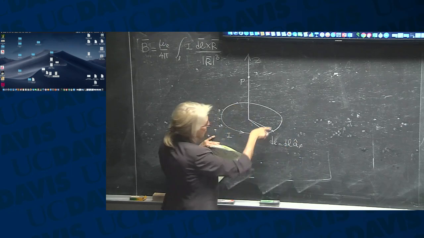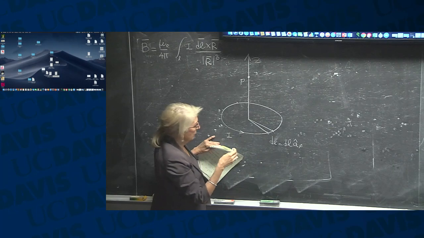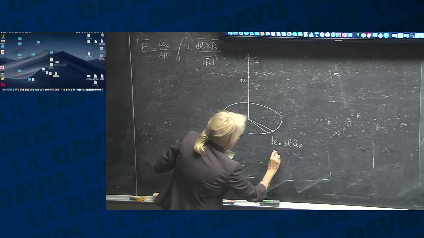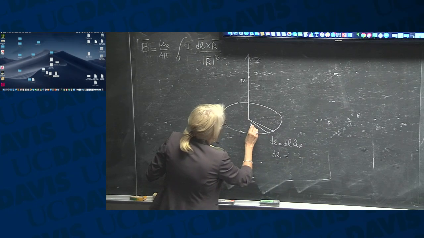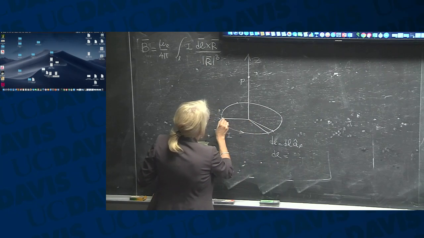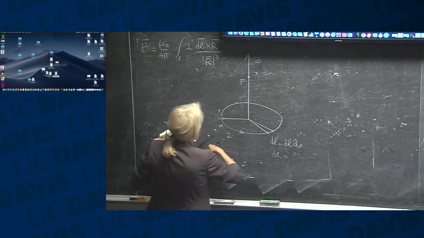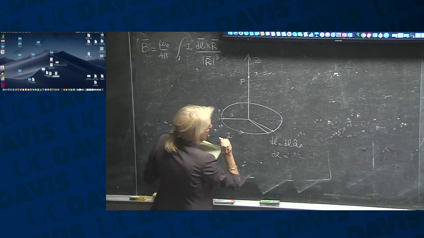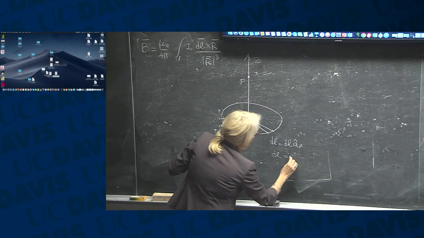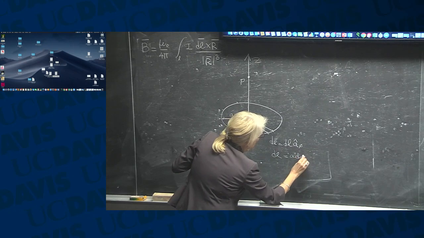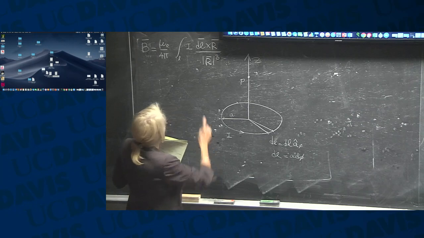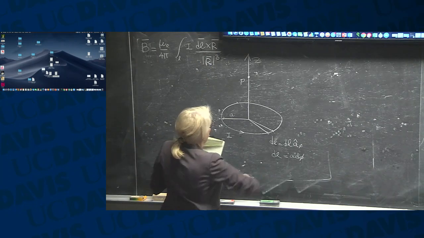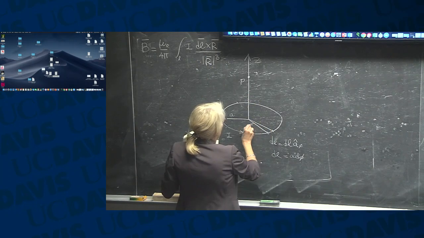It goes along, of course, the phi direction. And dl is what? If the radius is a, then dl is a d phi. All right? So, R, let's find, this is d phi.